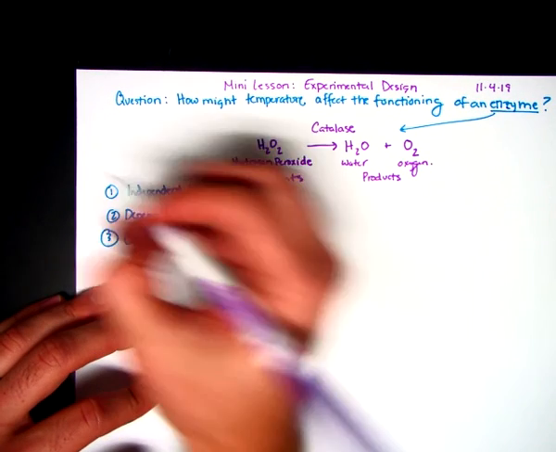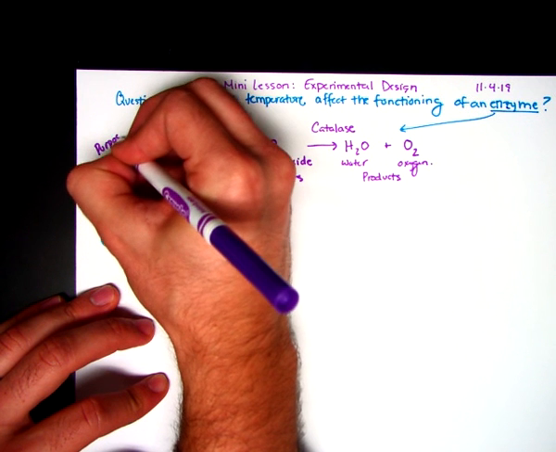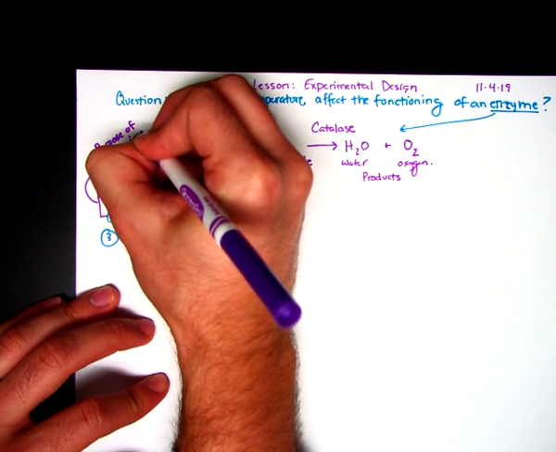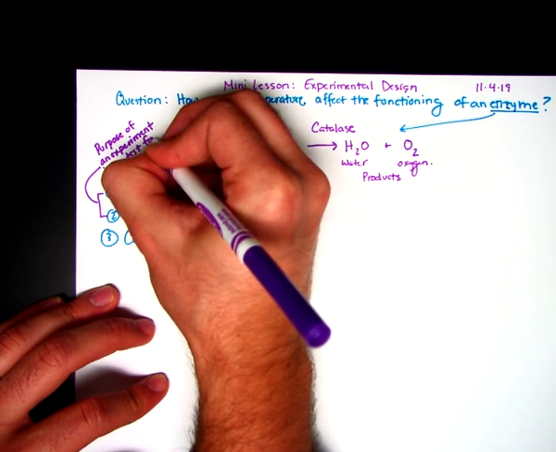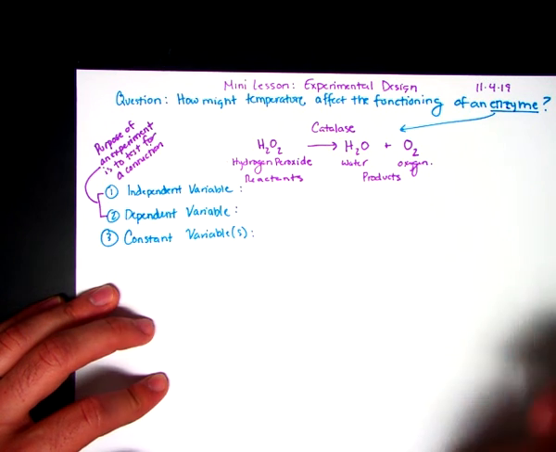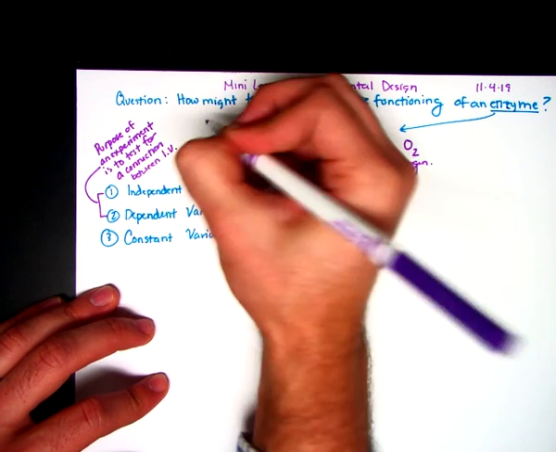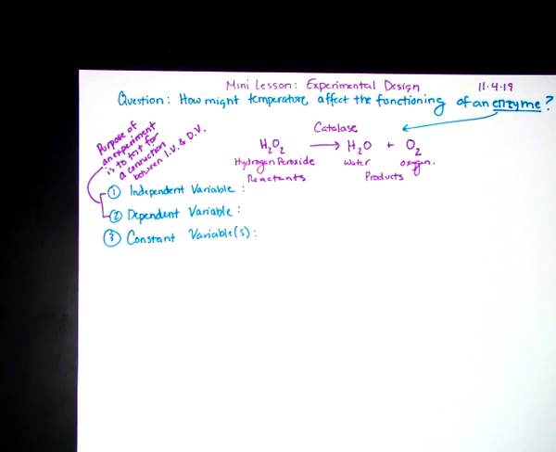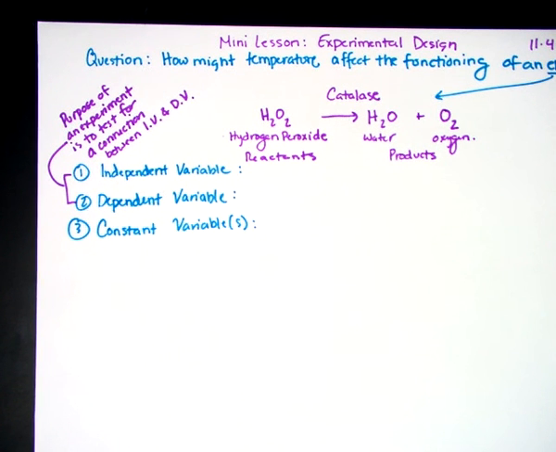And it's said that the purpose of an experiment is to test for a connection between our independent variable and our dependent variable. The whole purpose of an experiment is you're trying to see, is there a connection, a causative relationship between the independent and dependent variable.